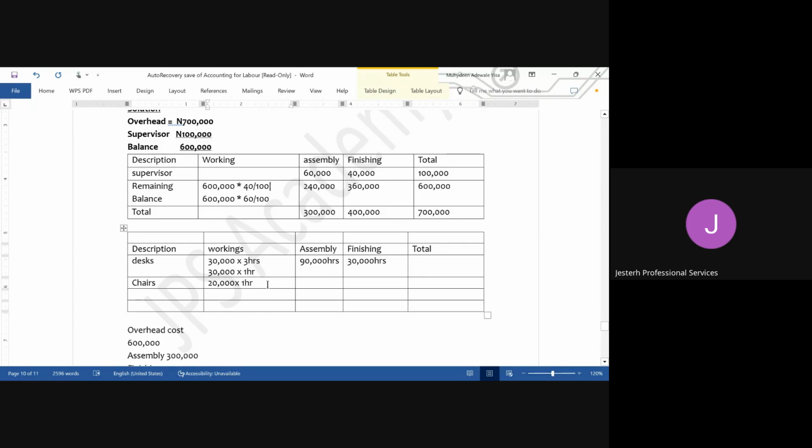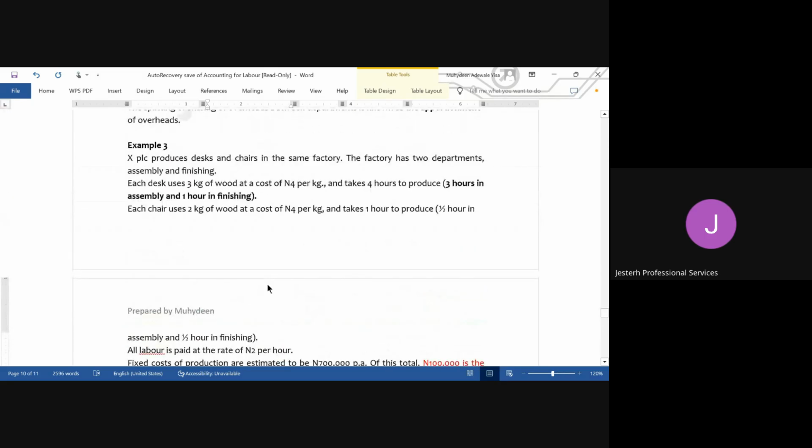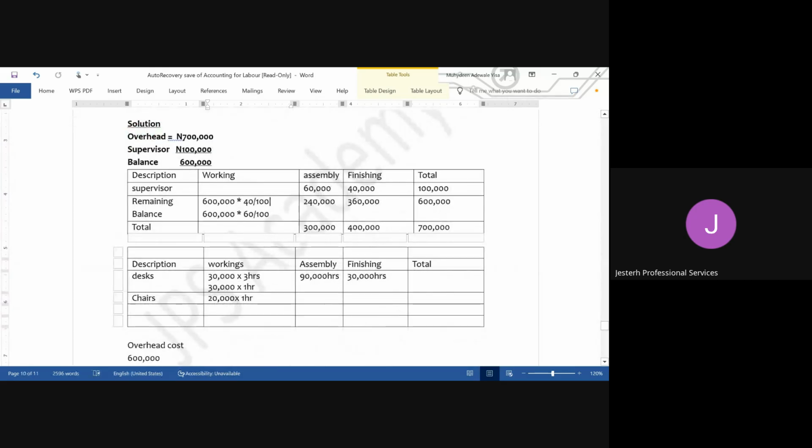But remember, from the question, they decided to split the 1 hour: 30 minutes of it will go to the assembly department, and another 30 minutes will go to the finishing department. You can just do 1 divided by 2, since we are using 2 departments. That is 20,000 multiplied by 1 divided by 2.